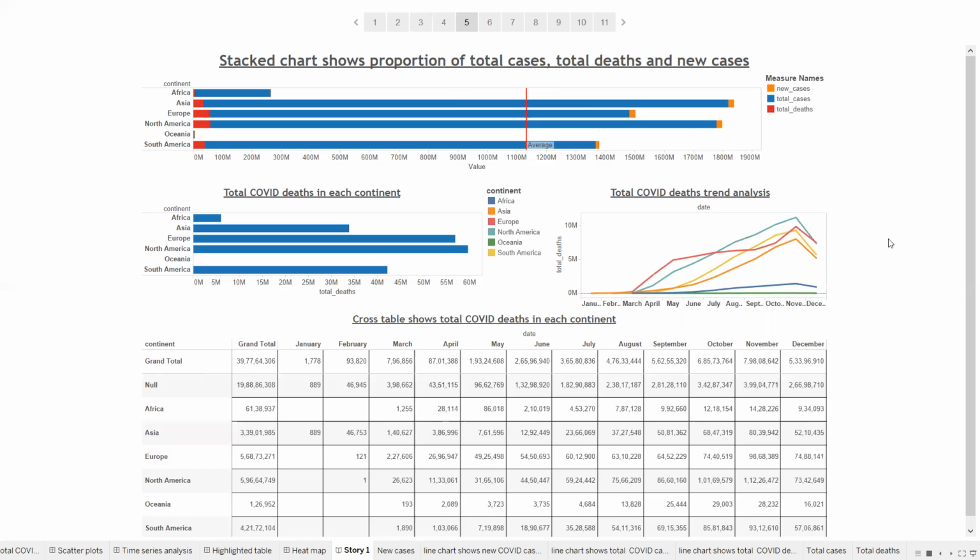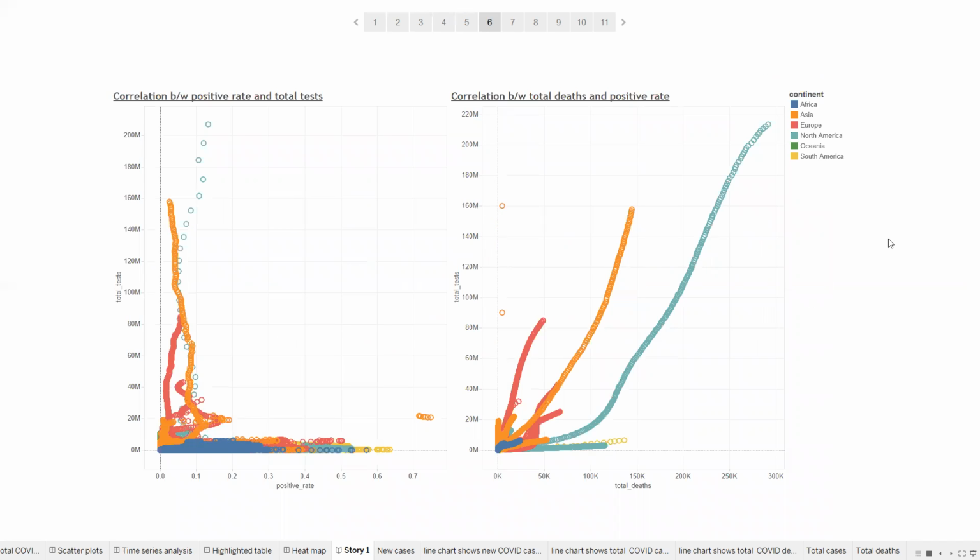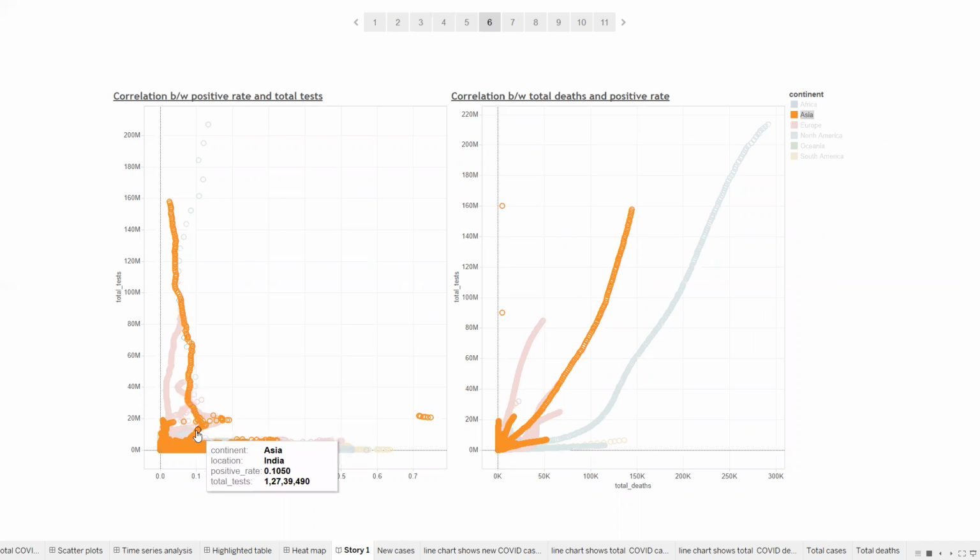Now let's proceed ahead. Here we're gonna see the correlation between the positivity rate and the total test, and the positivity rate and the total COVID death. So if I filter based on, let's say, Asia, in the case of India, I can see that with the increased number of testing, positivity rate also increases, but after reaching a certain threshold value, which is somewhere around 0.12, it maintained a constant trend.